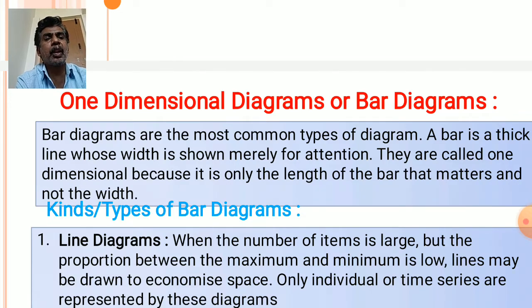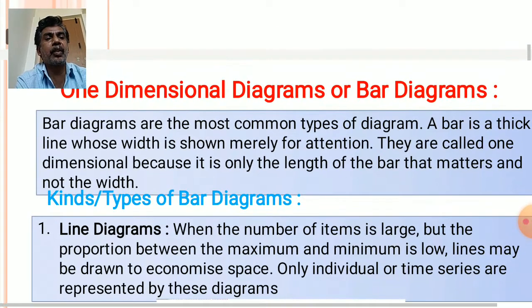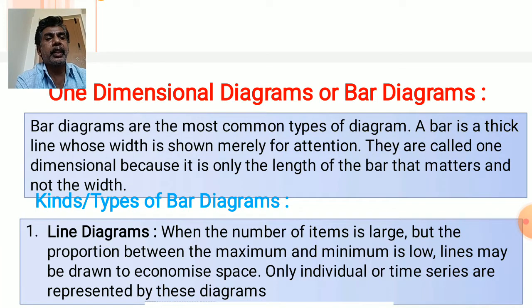A bar is a thick line whose width is shown merely for attention, and they are called one-dimensional diagrams. Bar diagrams are used by businessmen, economists, and other people for analyzing things or for representing statistical data.